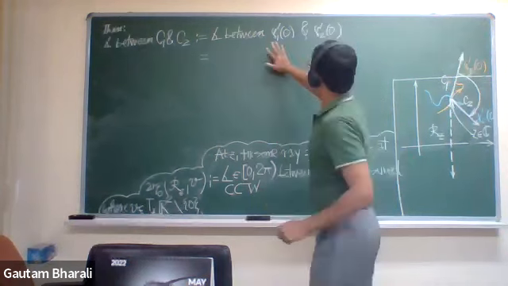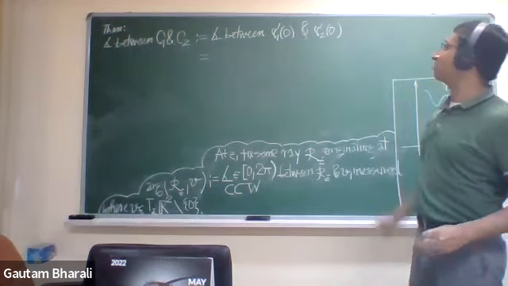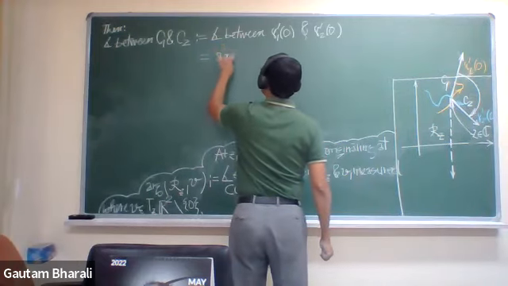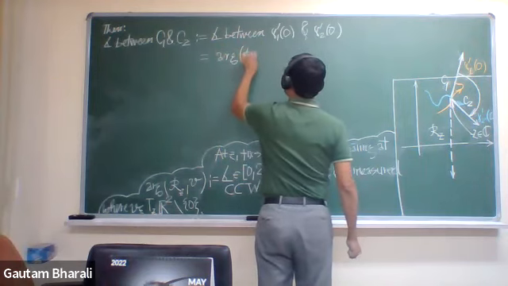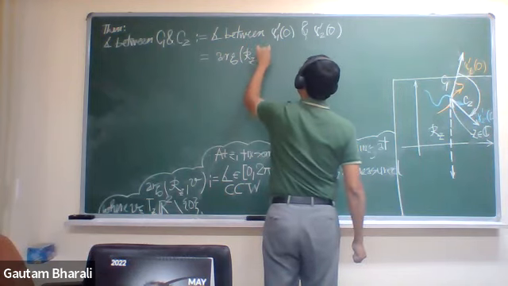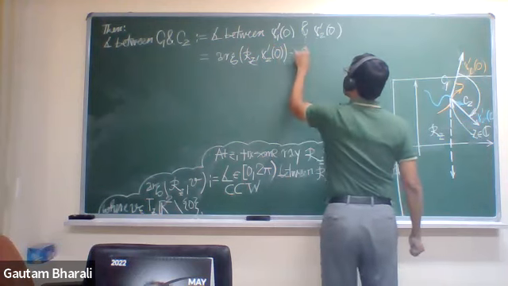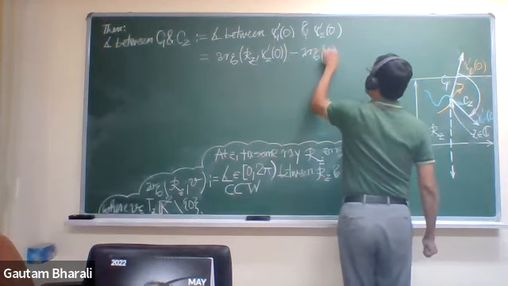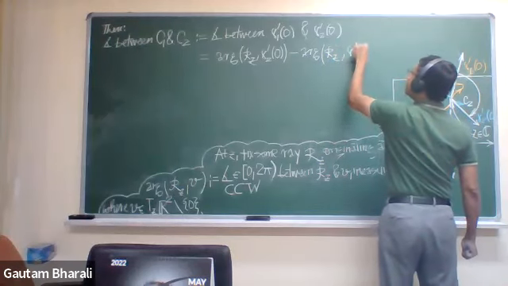So if I want to preserve this orientation that gamma 1 comes first and gamma 2 comes second, then this is simply going to be the argument ARG of R sub z, comma, gamma 2 prime at 0, minus ARG of R sub z, comma, gamma 1 prime at 0.